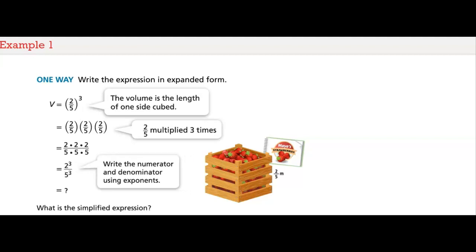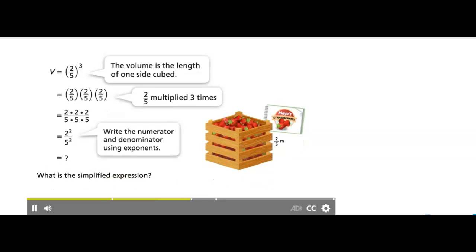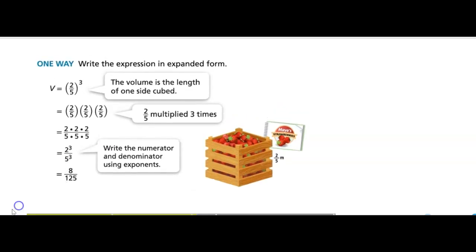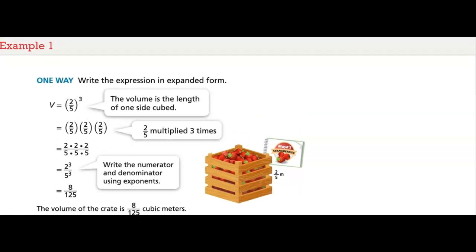What is the simplified expression? Select your answer. Simplify the numerator and denominator. The volume of the crate is 8/125 cubic meters.